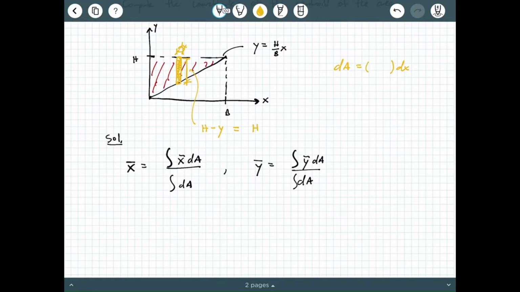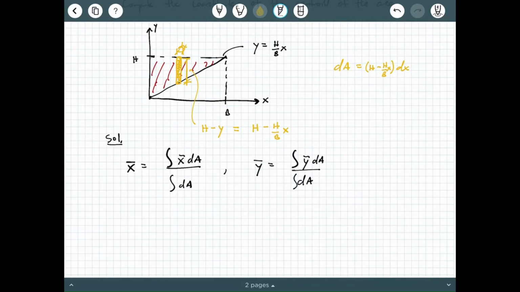If that's h minus y, then that's the same thing as saying h minus h over b times x. So that's how I'm going to piece together my dA. Here's my dA: h minus h over b times x, dx.